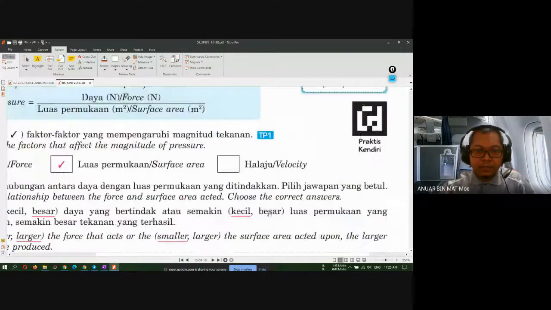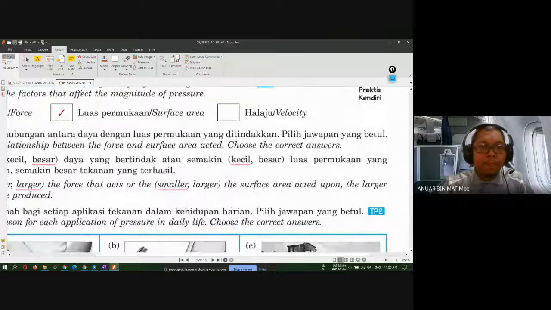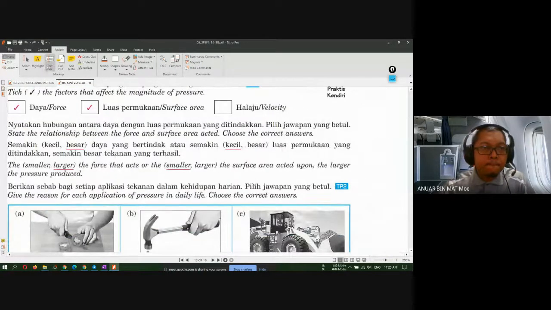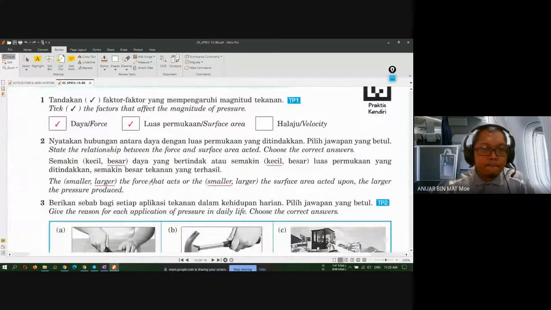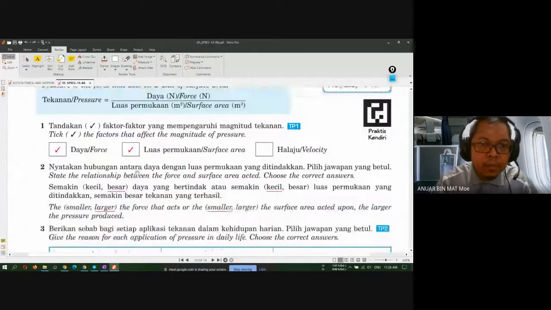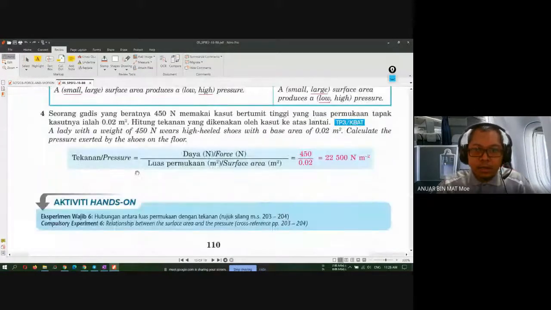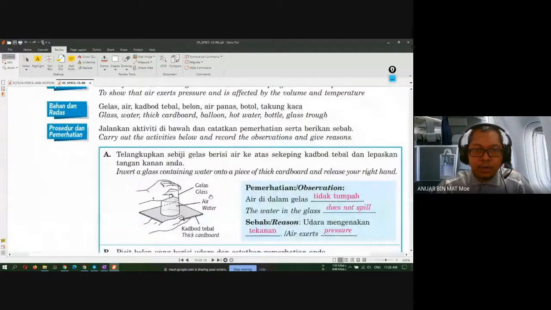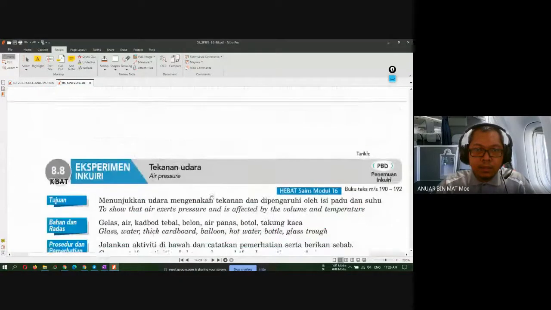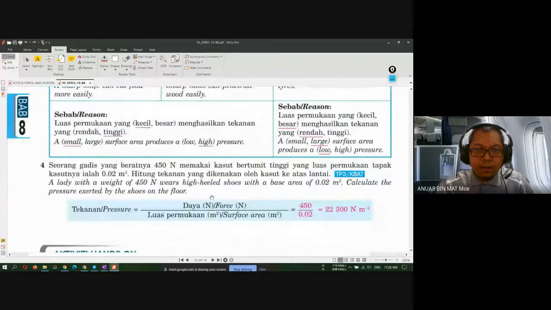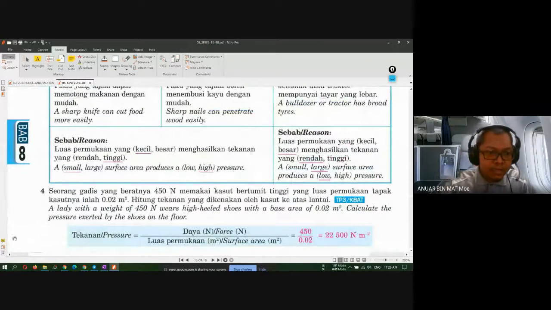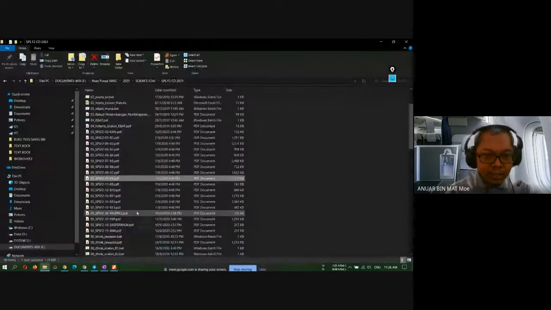Okay, pressure. Okay, this one. There is another page. Experiment.